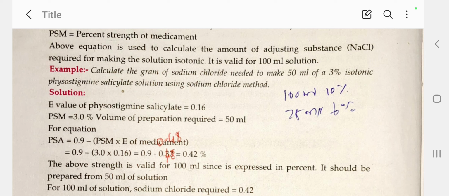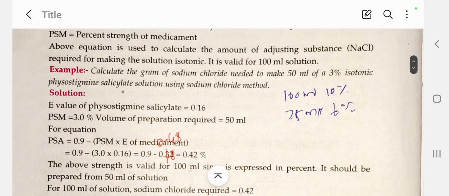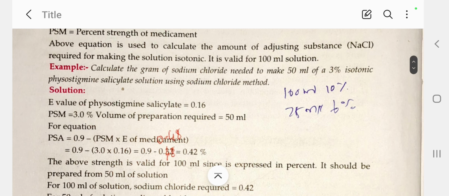So what is required is to make 50 ml of 3% isotonic physostigmine salicylate solution, using the sodium chloride method for adjustment of isotonicity.